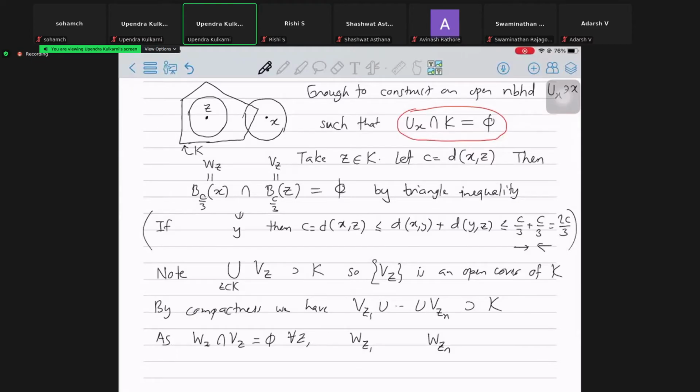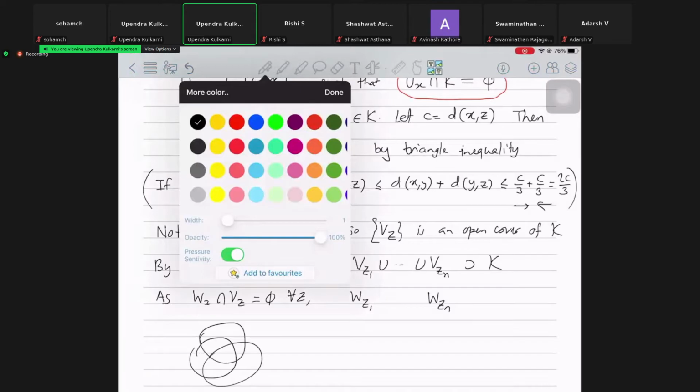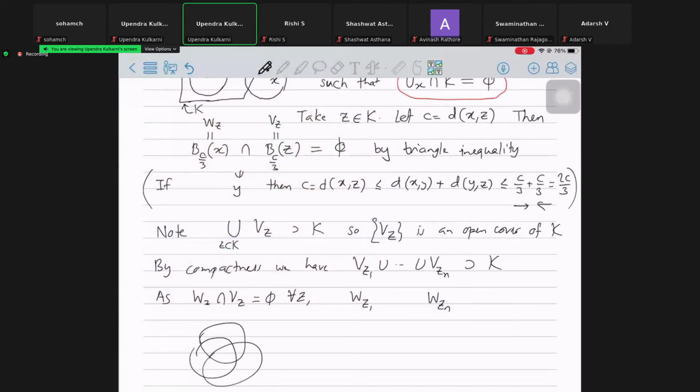So let's draw another picture over here. Here is V1 or V_Z1, V_Z2, V_Z3, and so on. This finite intersection of these balls. This picture is a little hard to draw, but maybe I will still try to do it. Let's see if I can do this.